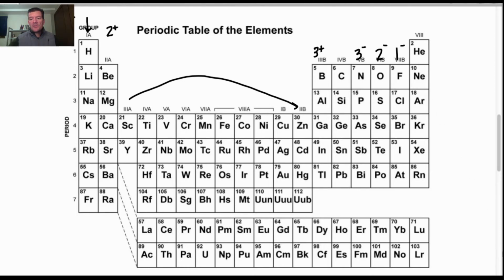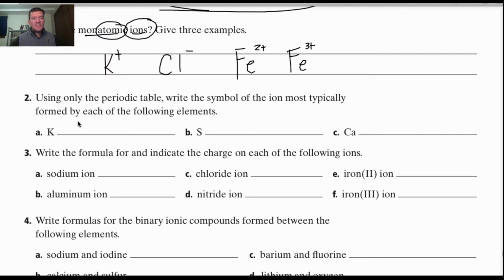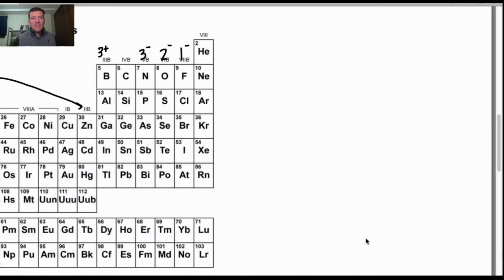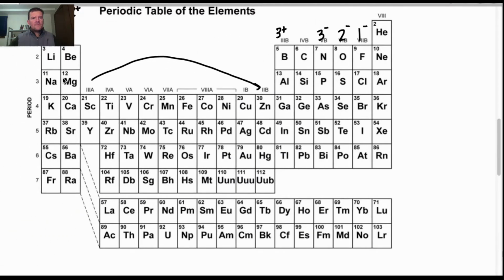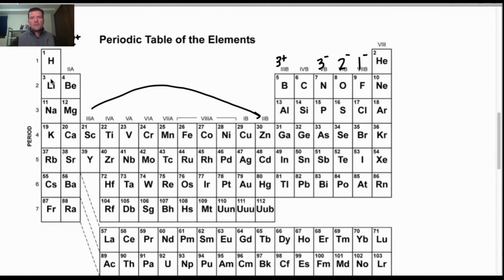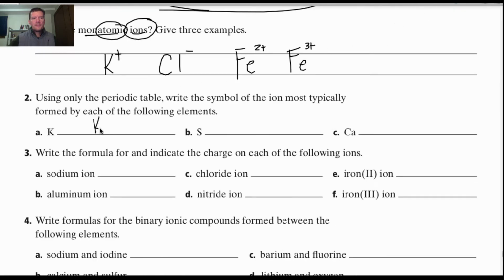So going back to our question here, it says potassium. All we have to do is just check and see what group it's in. Potassium is in group 1, so it's likely to lose that valence electron and have a +1 ion charge on it. Sulfur.